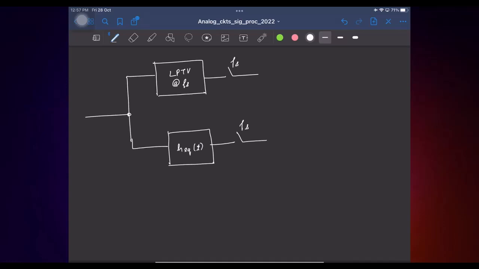And how do you find the impulse response of this equivalent filter? How do you find it? What is the experiment you will do to get it? We just saw, right? We formed the adjoint network to find H equivalent of t.